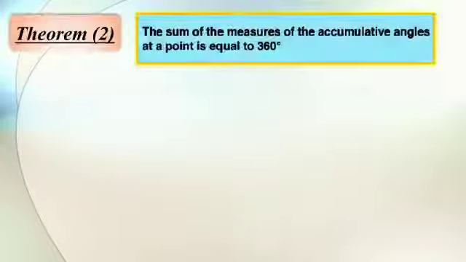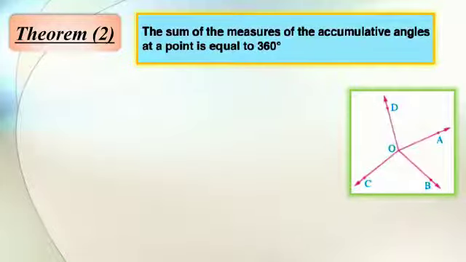Okay, now theorem 2. The sum of the measures of the accumulative angles at a point equals 360. Also, we studied it before in the first term. Okay, the sum of the measures of the accumulative angles at a point equals 360.